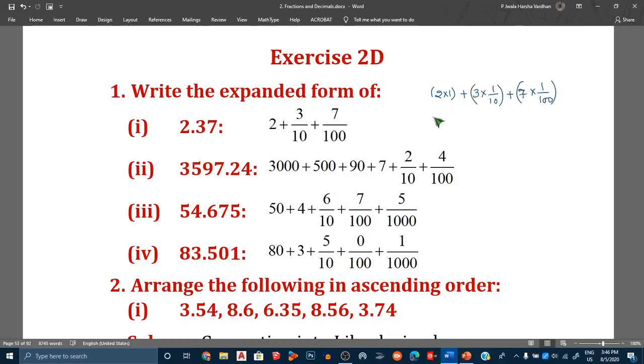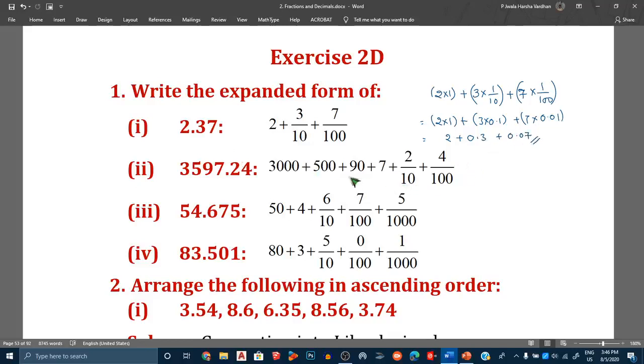Okay, so to write in the form of decimal form, again 2 into 1 plus 3 into 0.1 plus 7 into 0.01. Further you can write it as 2 plus 3 into 0.1 is 0.3 plus 7 into 0.01 is 0.07. So like this also you can write.